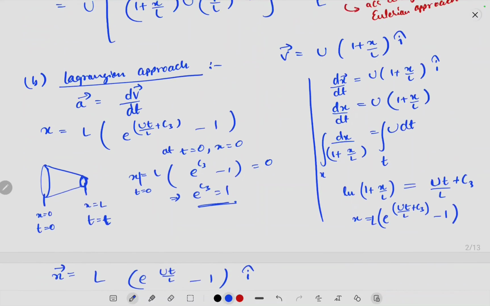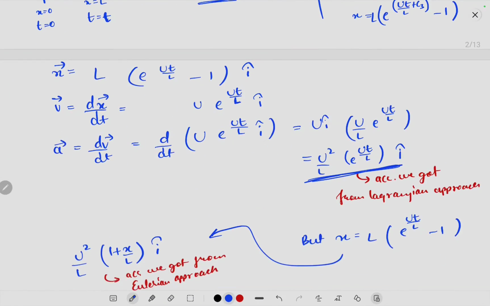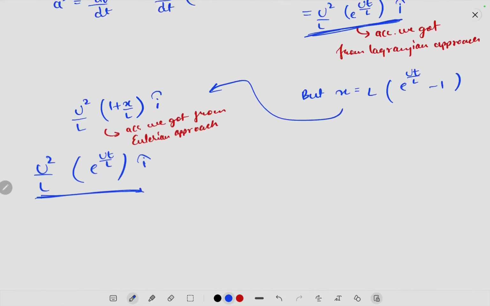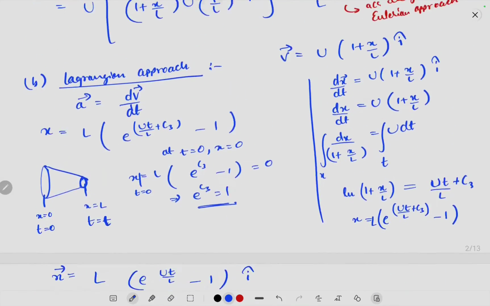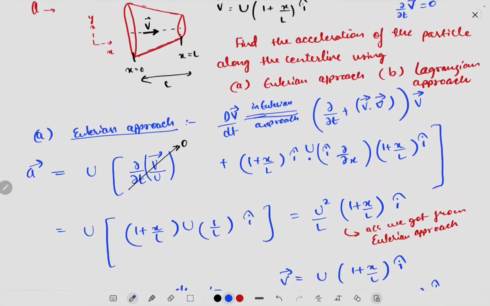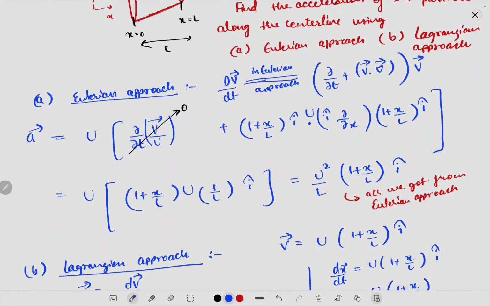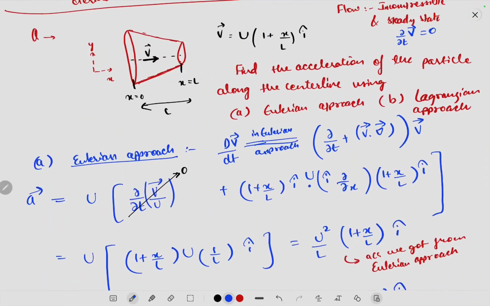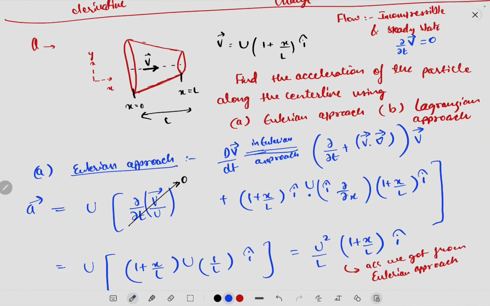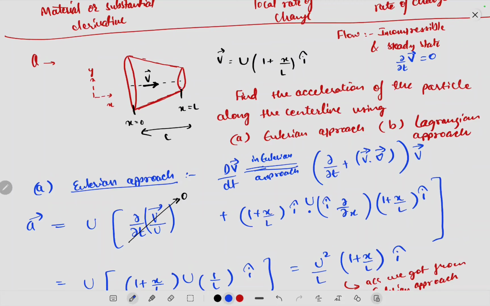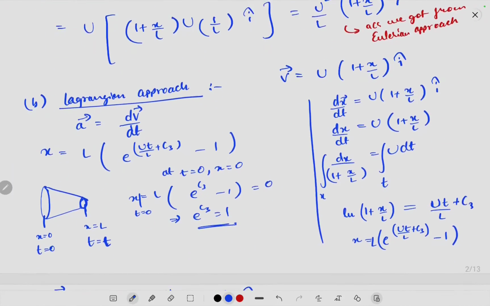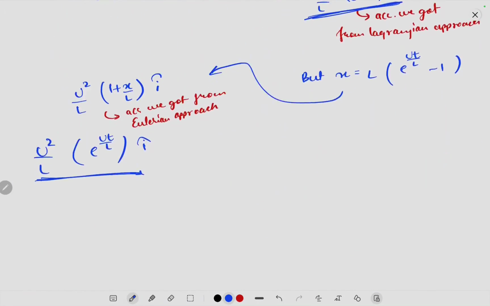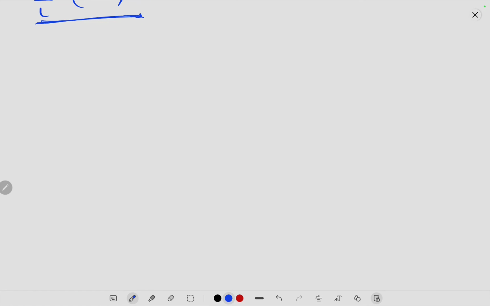But from the Lagrangian approach, it was a bit time-consuming to reach that answer. So most of the time the Eulerian approach is a better approach to find various quantities, like let's say acceleration, for our problem of interest. So I hope now the difference is clear to you.